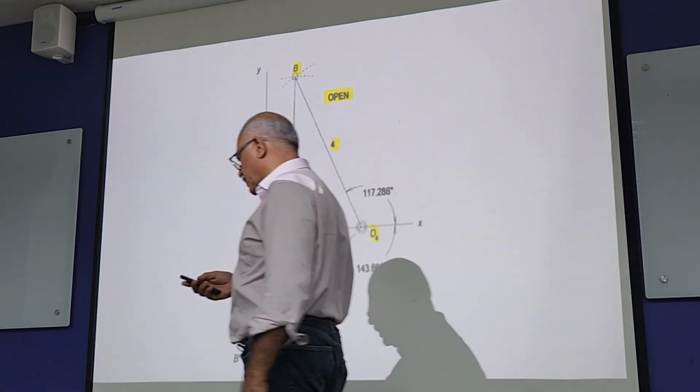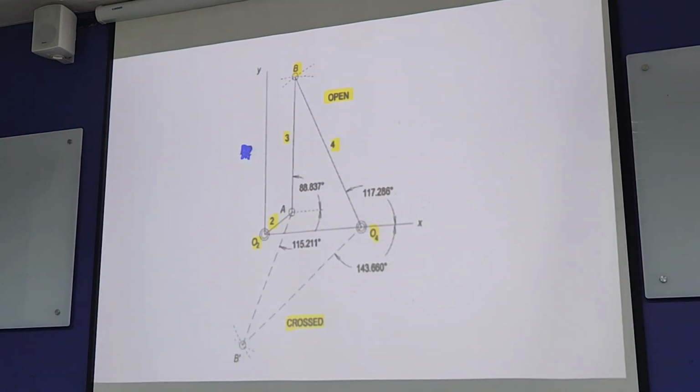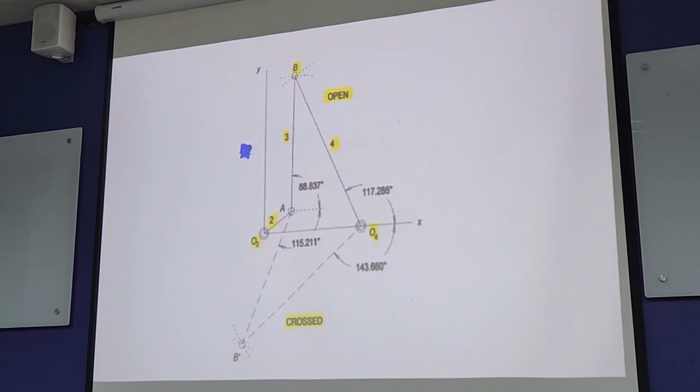So, for example, in this case you can see theta 4 is about 117. So it's okay if you get 116 or 118, 119 is acceptable.